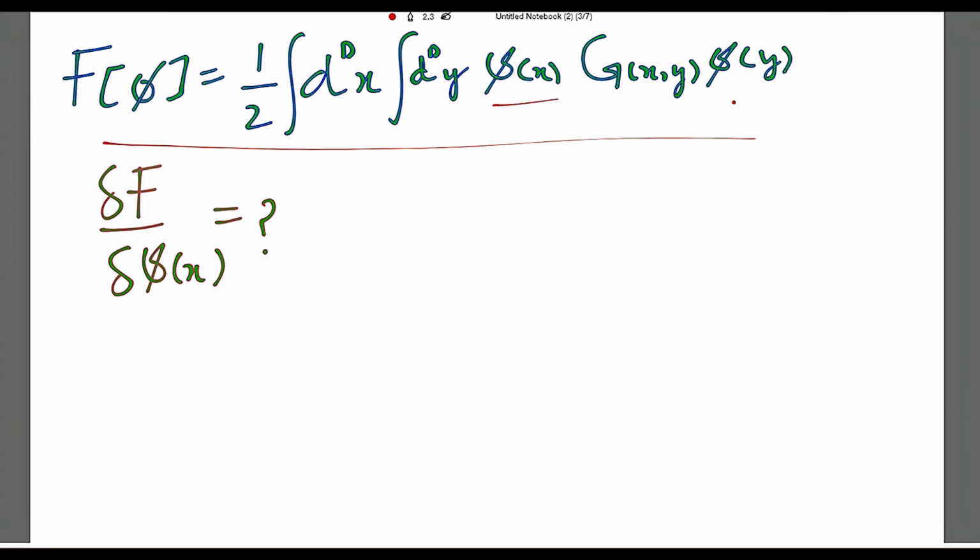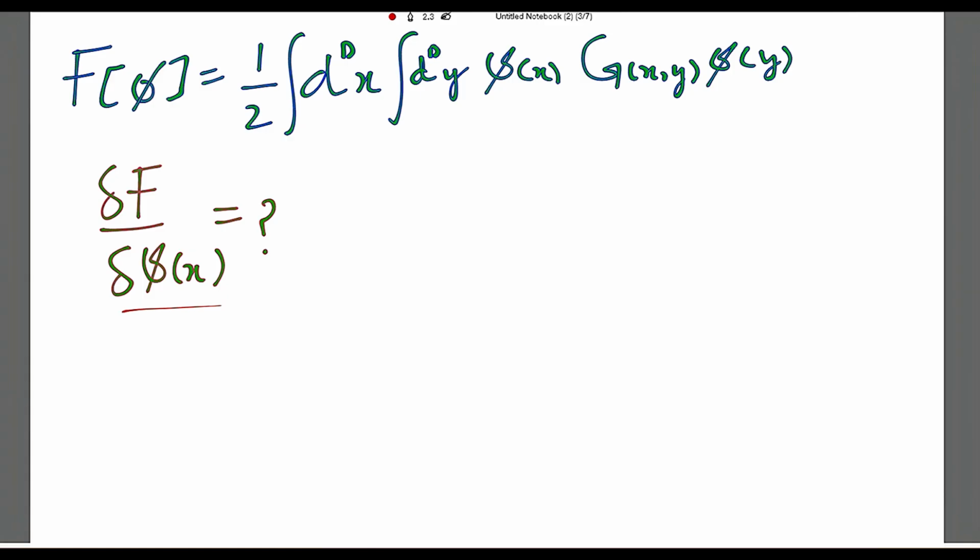And what we need to calculate is the functional derivative of this functional with respect to phi of x. Okay, not phi of y but phi of x, but at the end we'll see something really interesting about it: that we can follow a similar procedure to find the functional derivative with respect to phi of y.